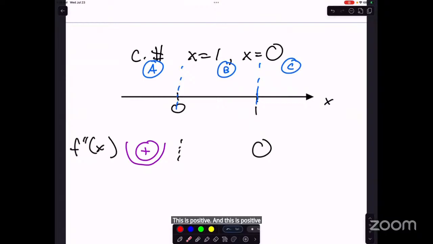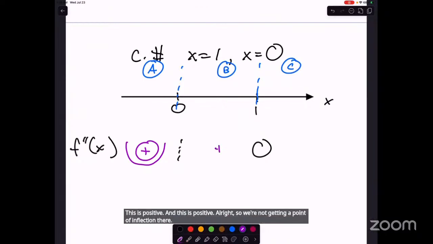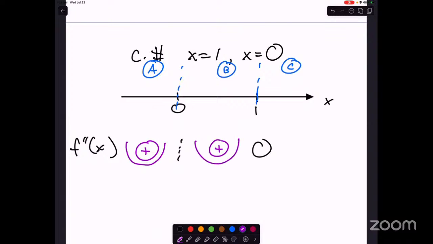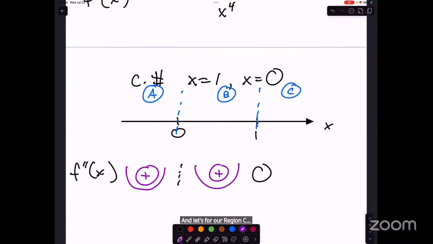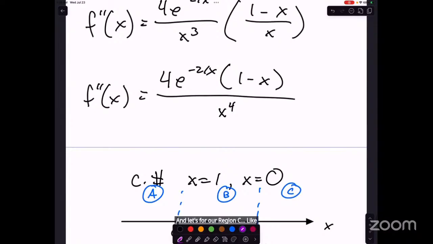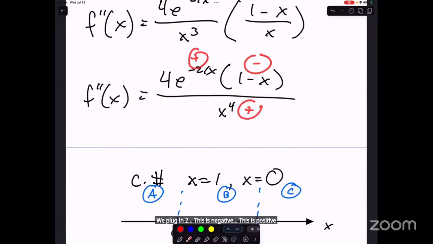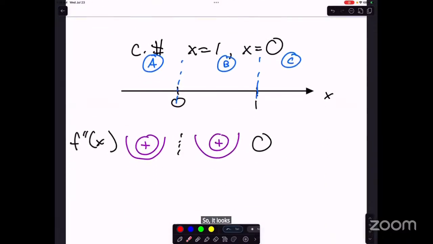All right, so we're not getting a point of inflection there. And let's try region C, like when x is 2. We plug in 2. This is negative. This is positive. This is positive. So it looks like the whole thing is negative. So I'm getting concave down there.